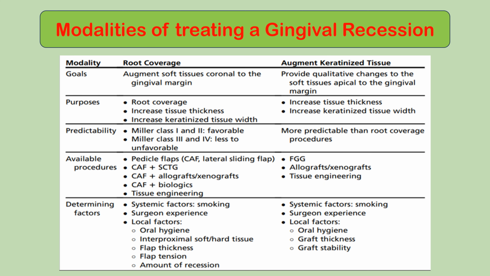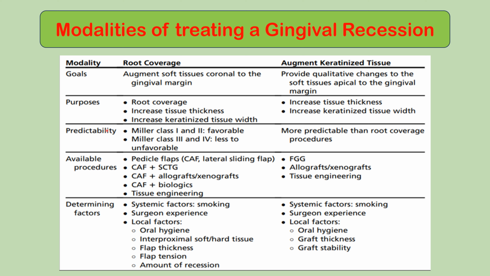Coming to the modalities of treating a gingival recession. A gingival recession can be treated by either root coverage or by augmenting the keratinized tissue. Coming to root coverage, the main goal is to augment the soft tissue coronal to the gingival margin. The main purpose is to cover the root, increase tissue thickness, and increase the keratinized tissue width.